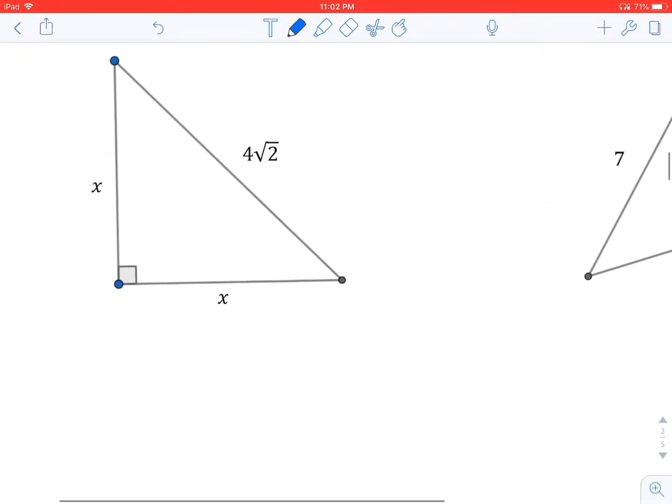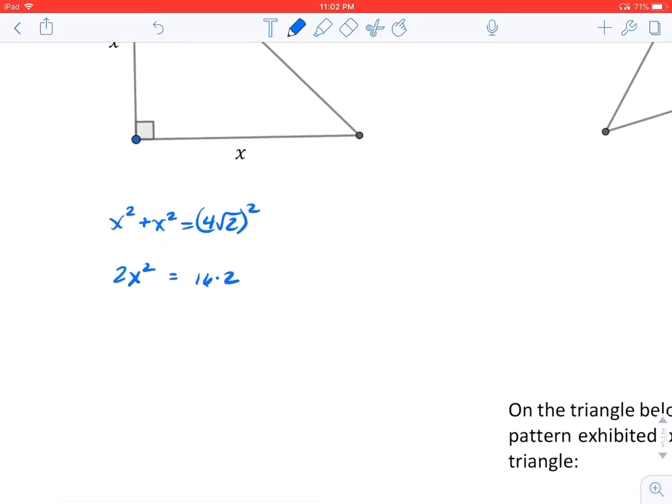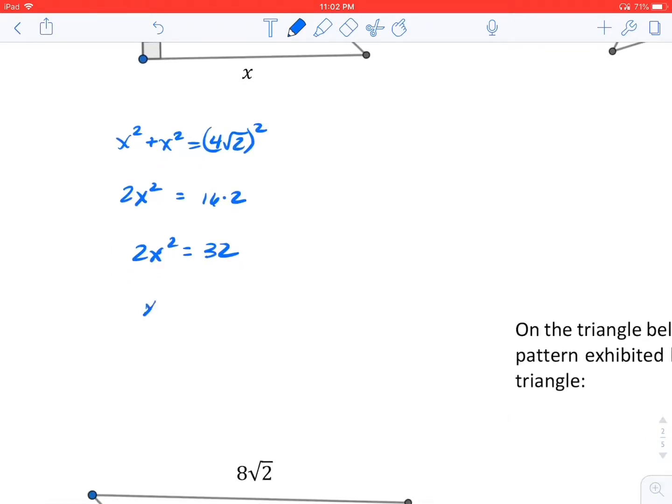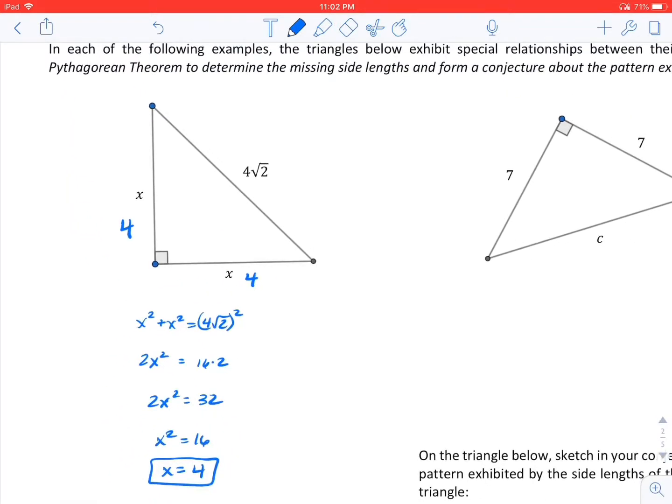In this first example, we know that x squared plus x squared is equal to 4 times the square root of 2 squared, meaning that 2x squared is equal to 16 times 2, or 32, meaning that x squared is equal to 16, or that x must be plus or minus 4, but since this is a triangle side length problem, the appropriate side would be 4, each of those representing 4.